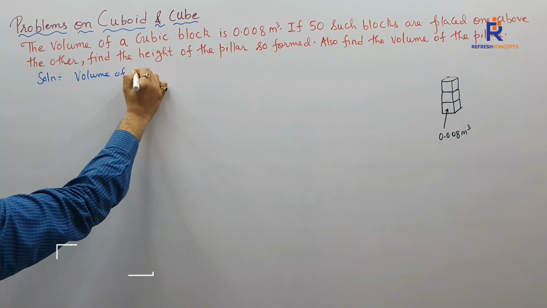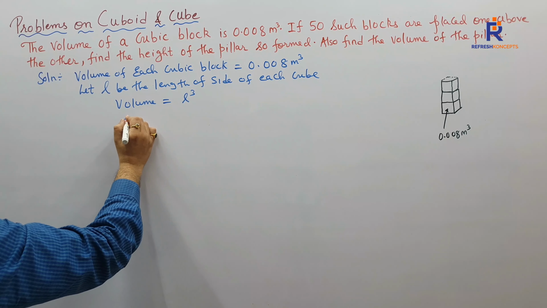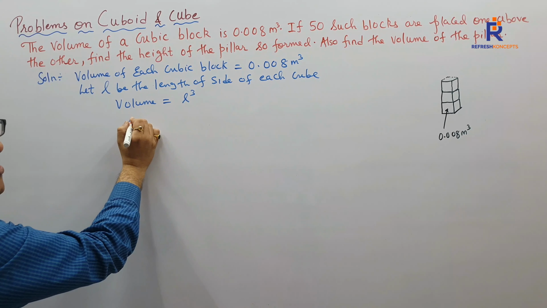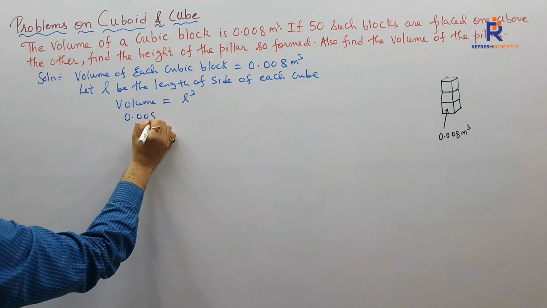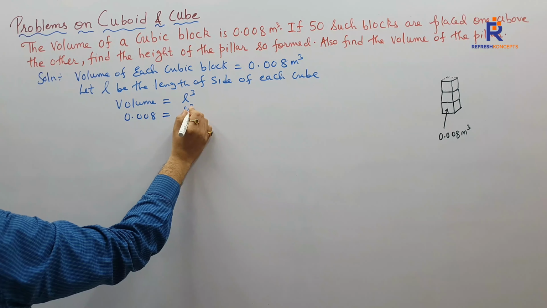Let L be the length of side of each cube. Volume is equal to L cube. We have volume as 0.008 meter cube. So 0.008 is equal to L cube.